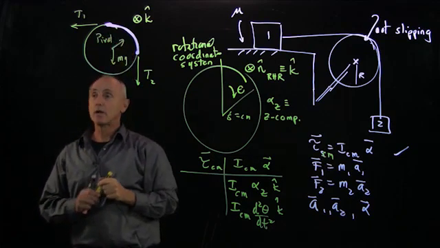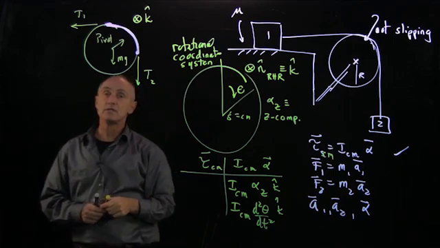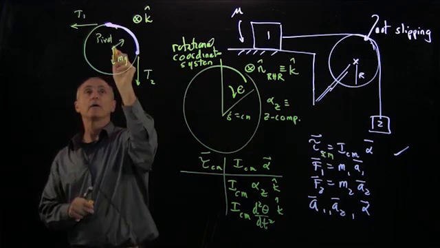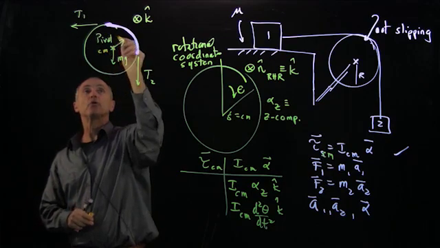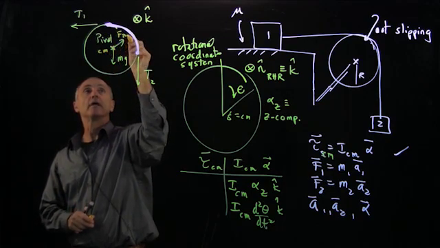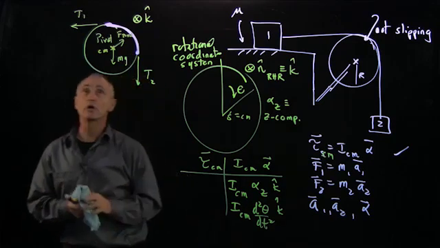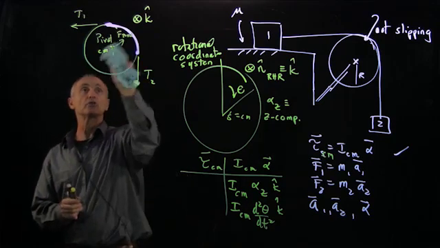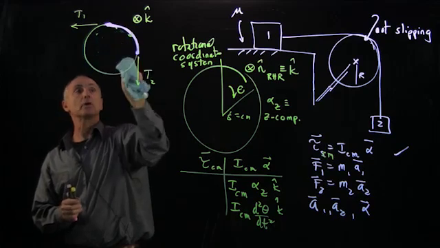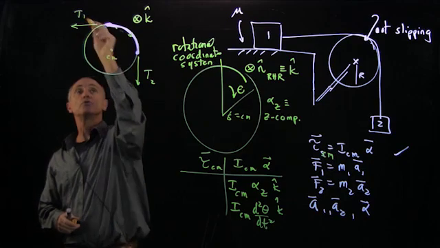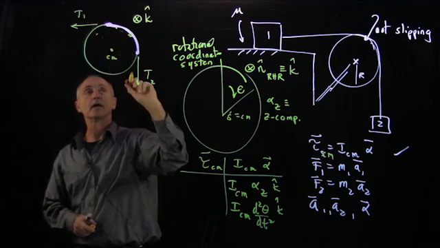And now what I want to consider is the torque about the CM. Now, the pivot force, F pivot, and the gravitational force produce no torque about the pivot. So I'm just going to eliminate those for the moment and just focus on the torque due to T1 and T2.